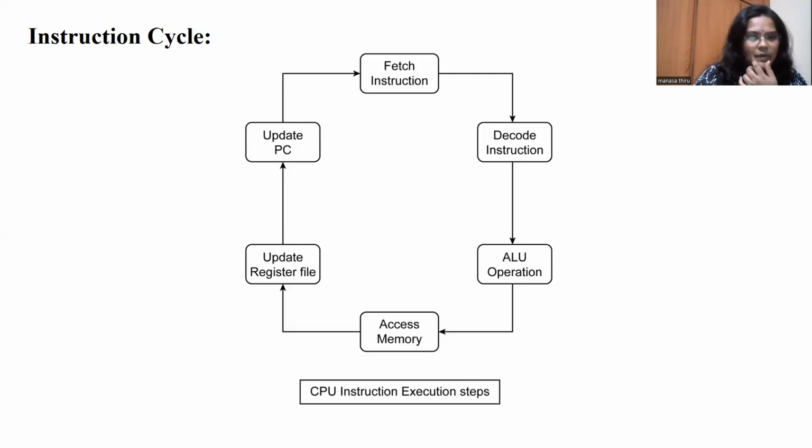That is accessing the memory. Next is update register file. So the register file has to be updated to use the data, and update the program counter. These are the 1, 2, 3, 4, 5 steps placed in the instruction cycle.